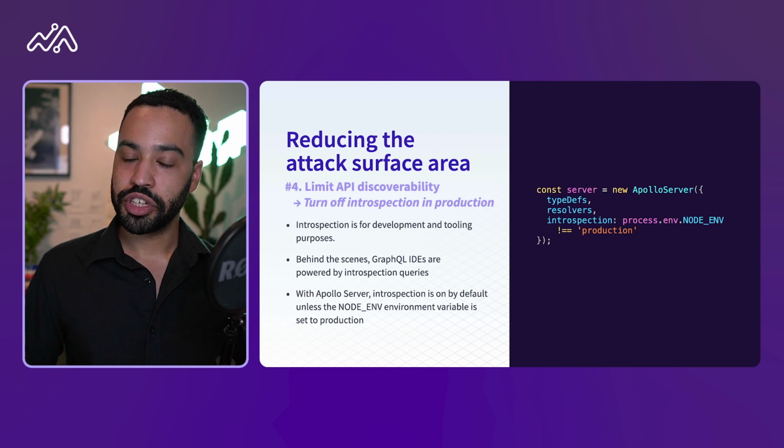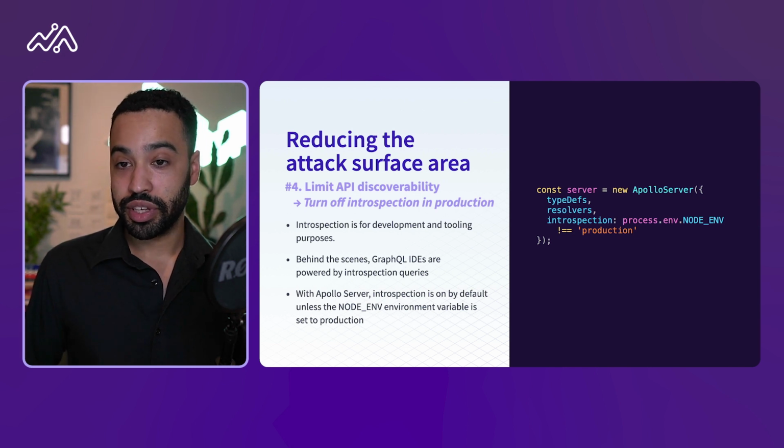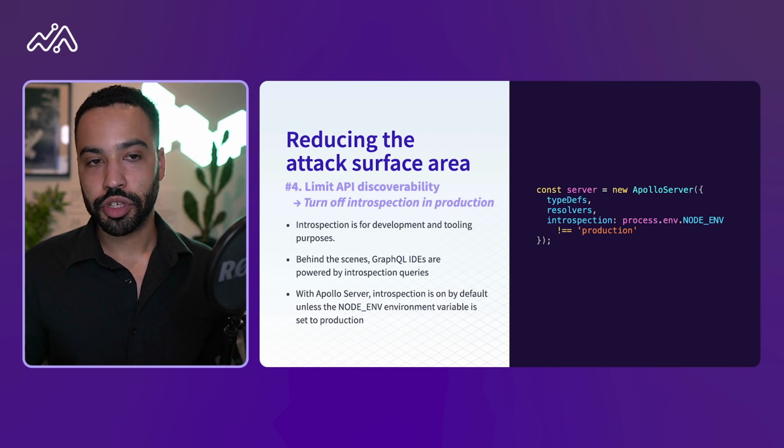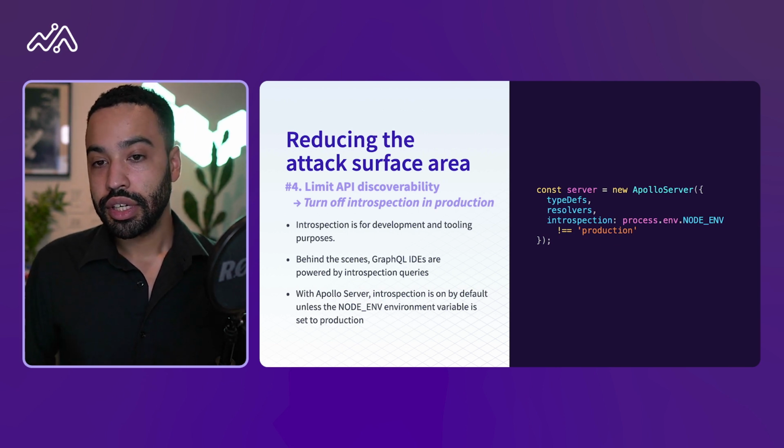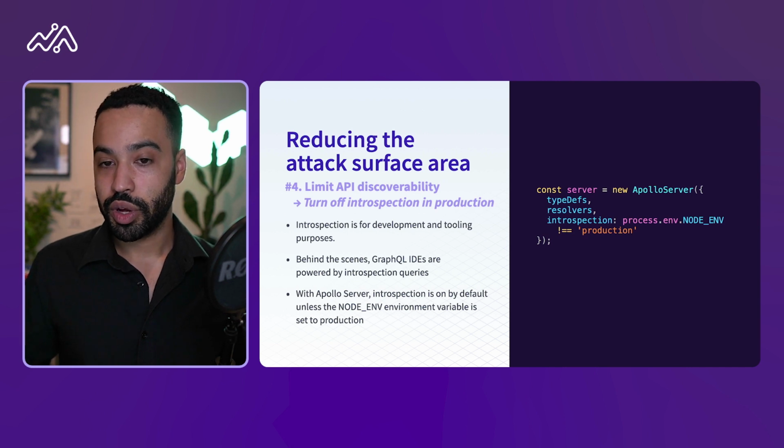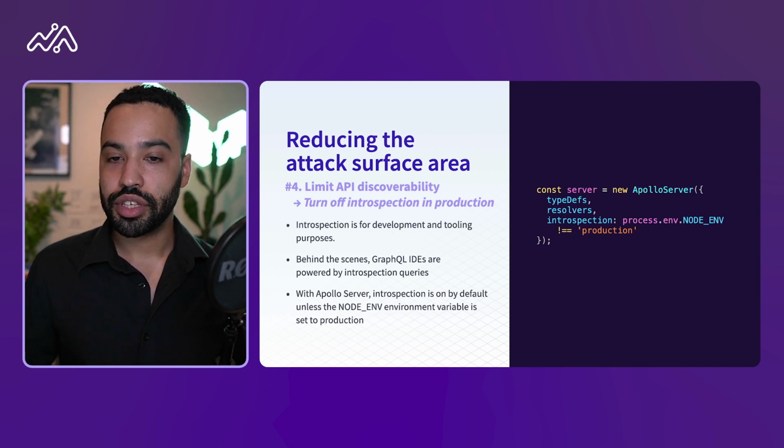All right, now we're on to tip number 4, and this is to limit API discoverability. And the first actionable step we can take is to turn off introspection in production. Now, introspection is useful. It's primarily used in the development stage as well, and we use these introspection queries to power our tooling.